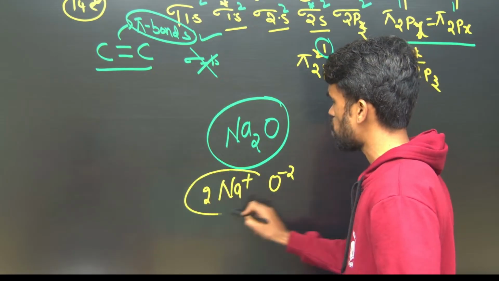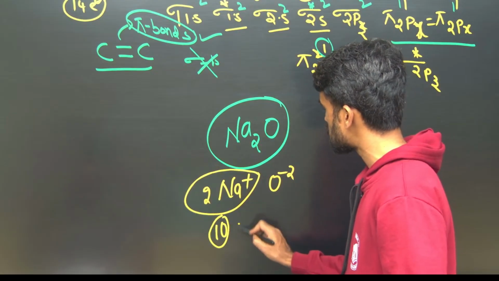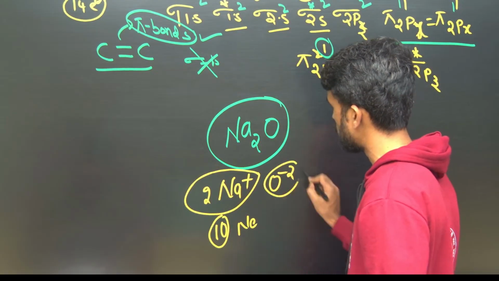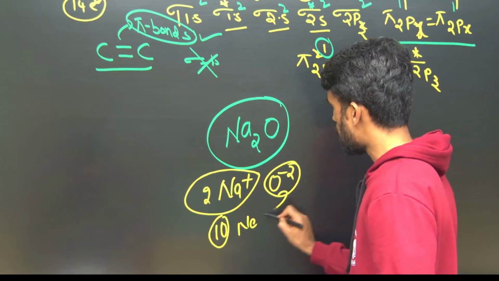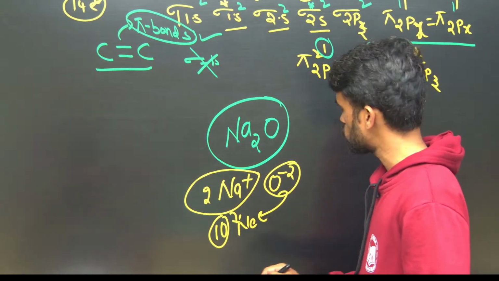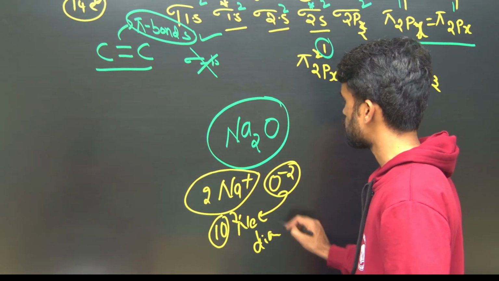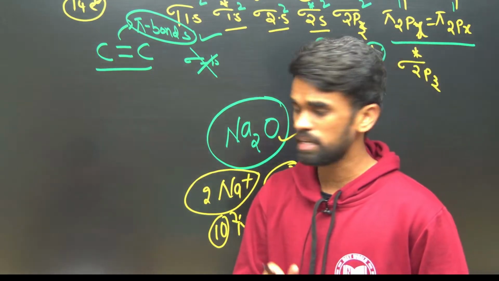So this also has a fully filled electronic configuration. 10 electrons are there, like neon gas configuration, and this also has 10 electrons, so it also has neon gas configuration. All of the electrons are fully paired up. No unpaired electrons, so it is a diamagnetic substance. This is how you need to understand and answer the questions.